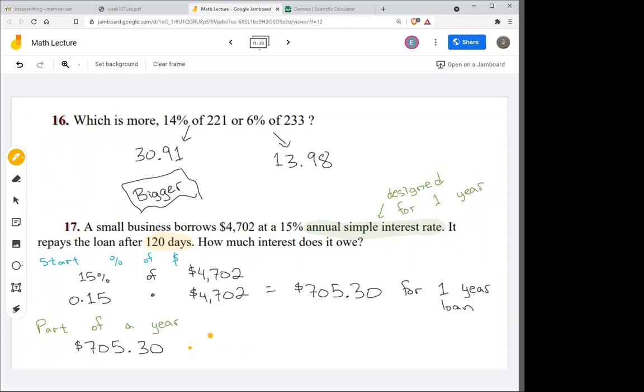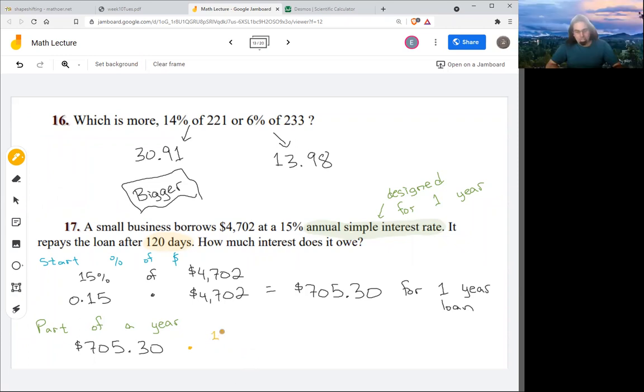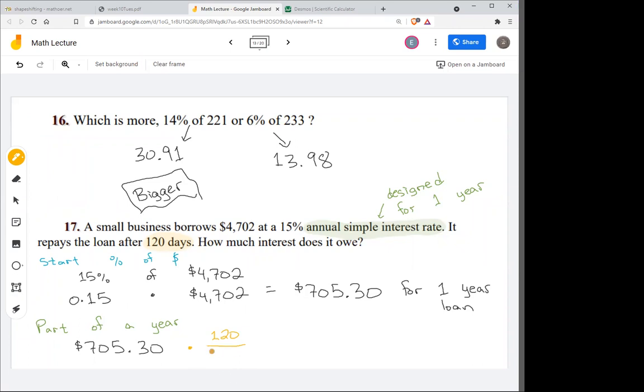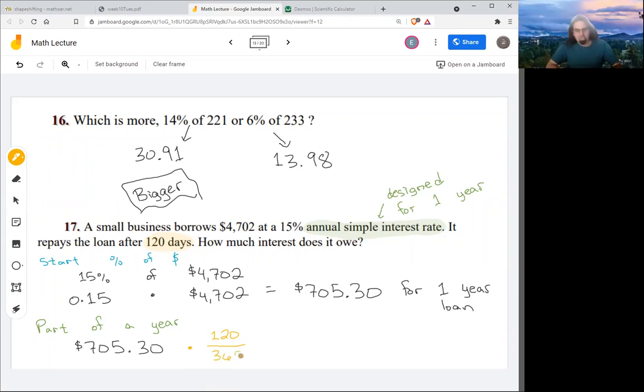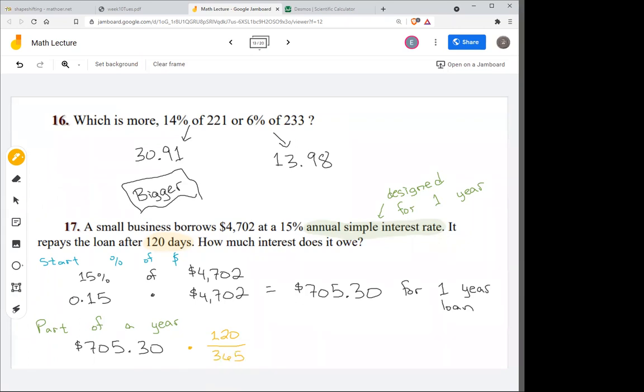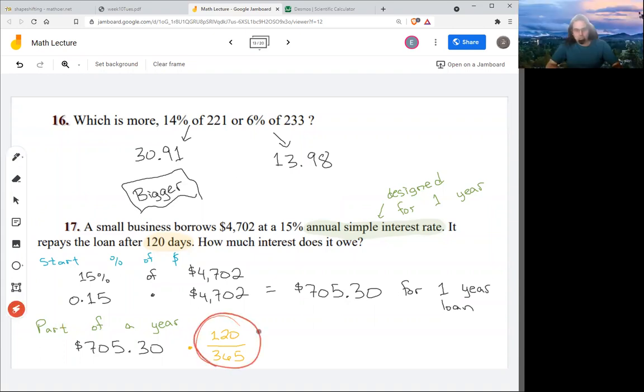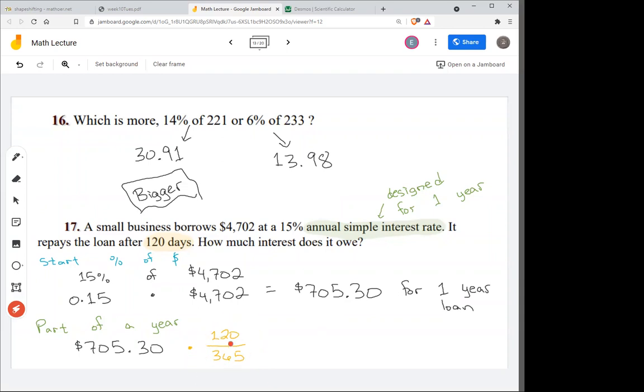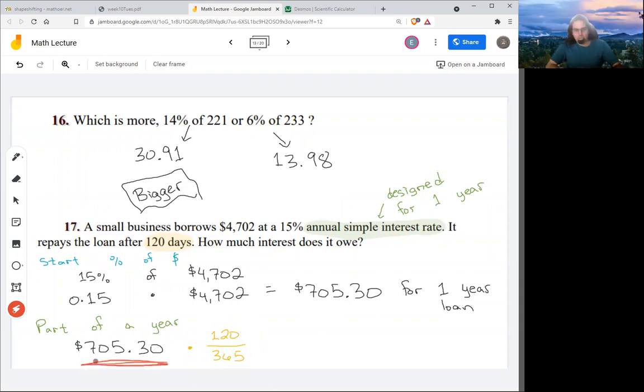There'll be a 120. Give you a hint. Is it over 365? It is. Can you explain why? Because that's how many days are in a year. Yeah. So this is a fraction of a year. Does that make sense? Yeah. It's a number less than 1, so it's going to shrink this. We get a discount because we didn't have to wait all year.